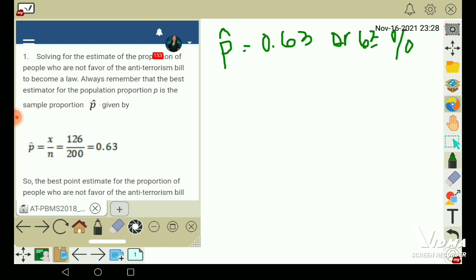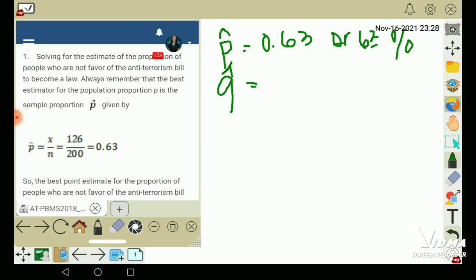Now if there are people who are not in favor of the anti-terrorism bill, we also need to know the sample proportion of those who are in favor.